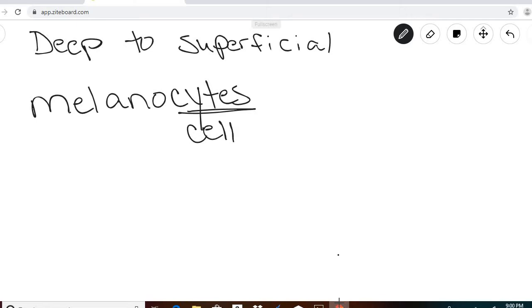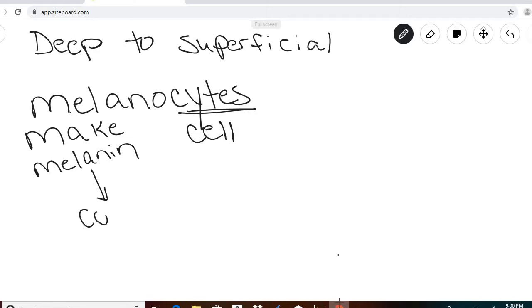And melano means that they make melanin. These cells are especially located near the stratum basale, but there are some also in the stratum spinosum. And the melanin is what gives our skin color.